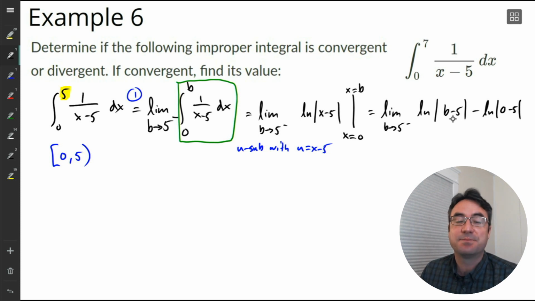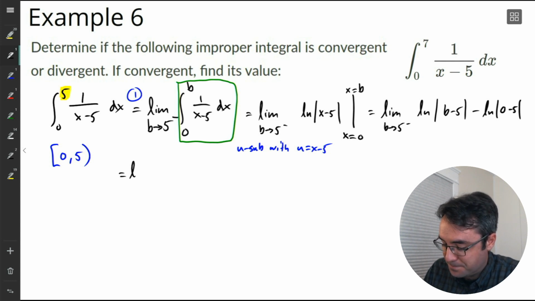Neither would this. Sometimes you can get away with forgetting the absolute value when you integrate to get these natural log functions, but this one we actually do need to remember it. So that's a good habit to get into: remember the absolute value when you integrate to get a natural log function. All right, so we've evaluated. Let's simplify this just a little bit.